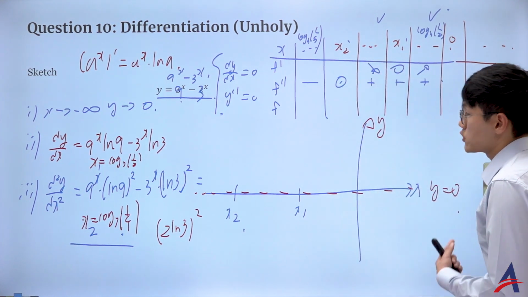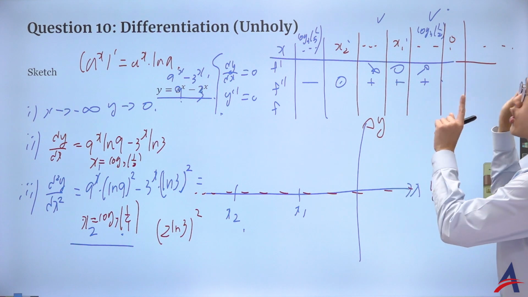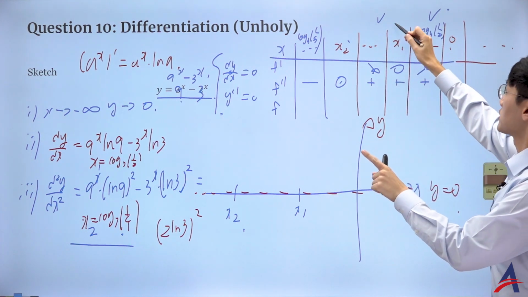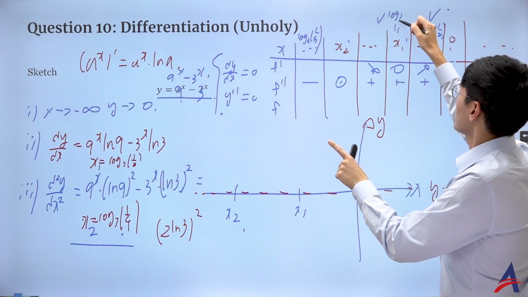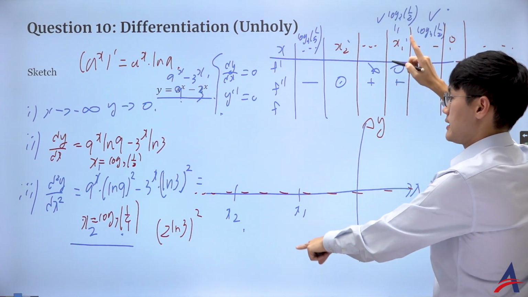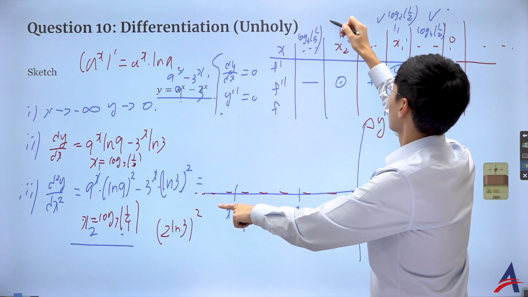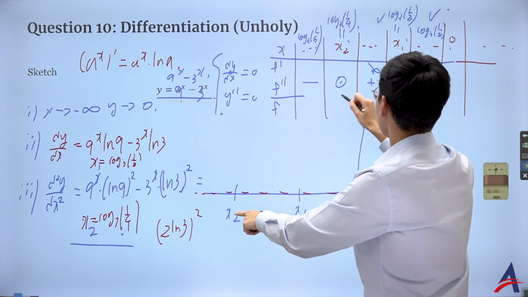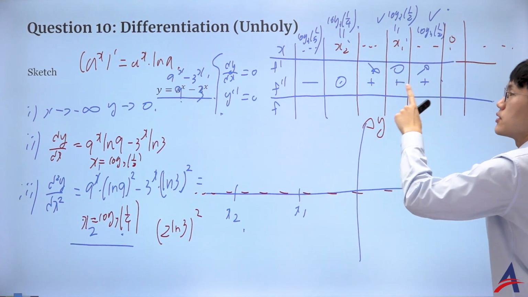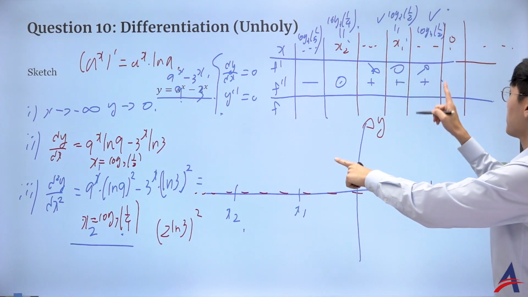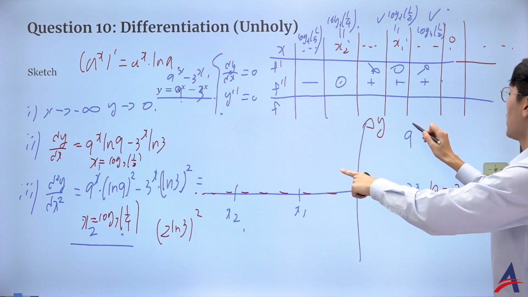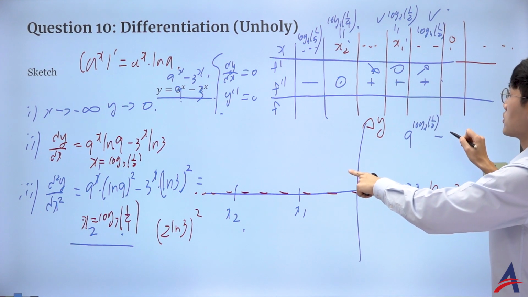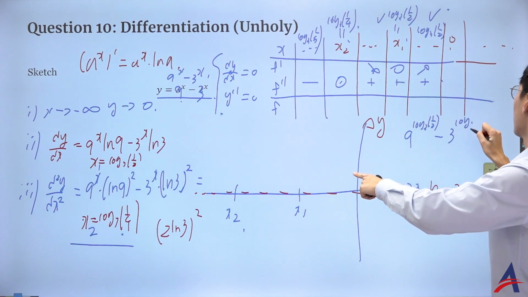For sketching, you need to put those values on the function directly. So this was log base 3 of 1 over 2, wasn't it? Yes, it was. And this was log base 3 of 1 over 4. Now to indicate on the function, you need to put it onto the original function. So for example, at x1, 9 to the power of log base 3 of 1 over 2 minus 3 to the power of log base 3 of 1 over 2.